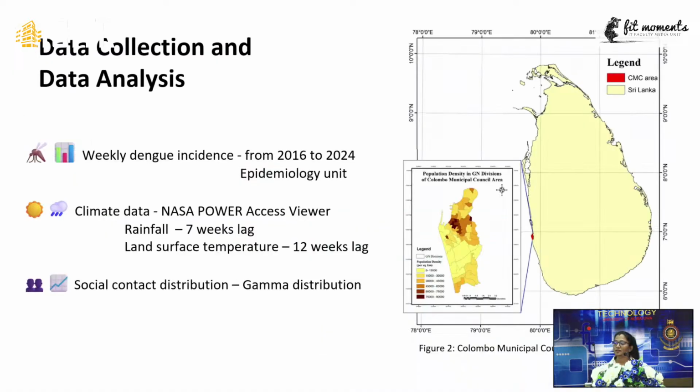The first step is data collection. Here we chose the CMC area in Sri Lanka as our study area. For climate factors we use rainfall and land surface temperature, and when we check the correlation between climate factors and dengue incidence, we can see there is a 7-week lag and a 12-week lag. We also use social contact distribution to study our model, and here we use a gamma distribution for that.